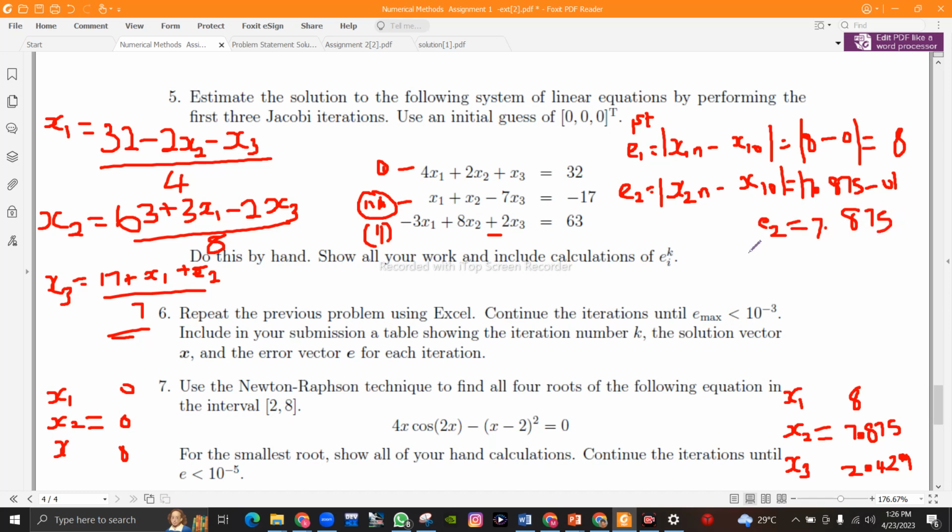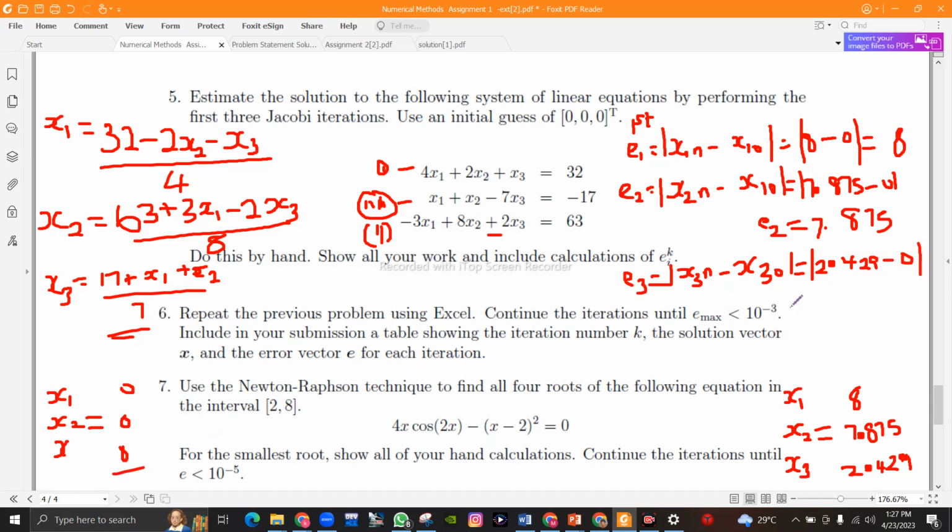We can calculate our error 3 too. That's the magnitude of x3 new minus x3 old, which is 2.429 minus the old one, which is 0.